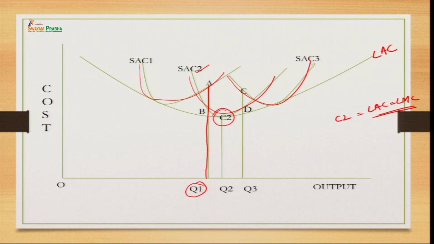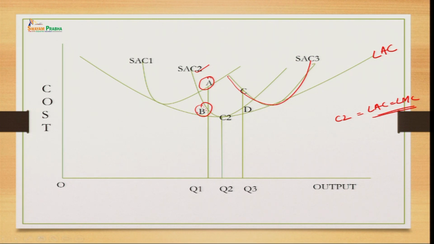To produce up to this quantity, I have drawn this straight line, and here you can see this is point A and this is point B, right. If I am producing with SAC1, my cost of production will be more, and if I produce with only this SAC2, by underutilizing it, my cost of production will be less.